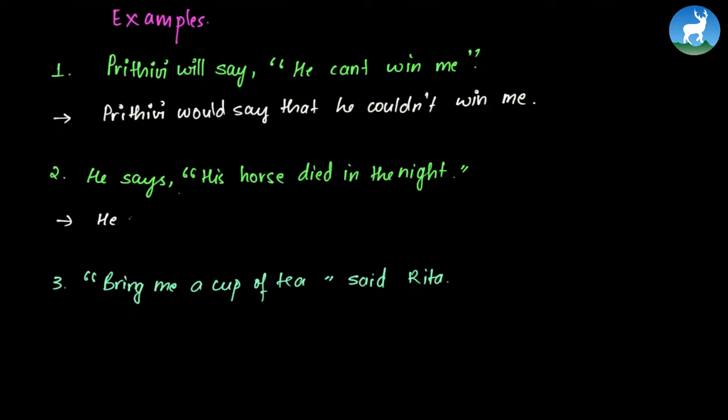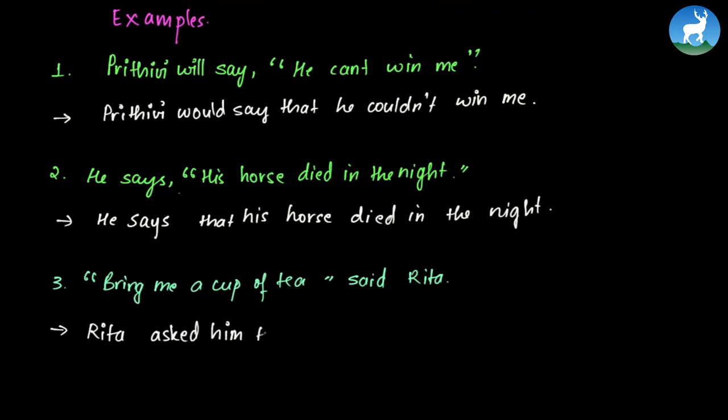This sentence can be changed to indirect form by saying, he says that his horse died in the night. We do not change the tense because the reporting verb is in present tense. "Bring me a cup of tea," said Rita. Rita asked him to bring her a cup of tea.